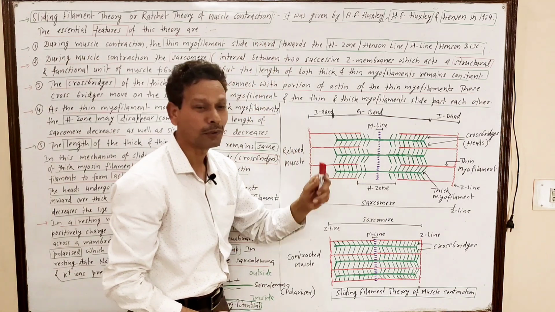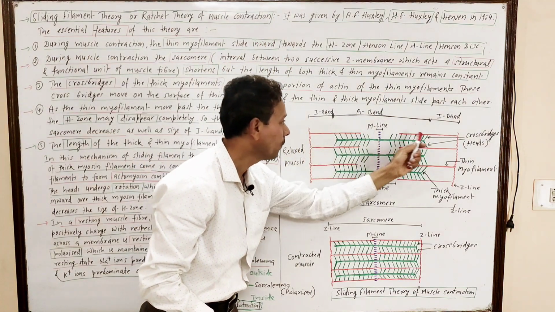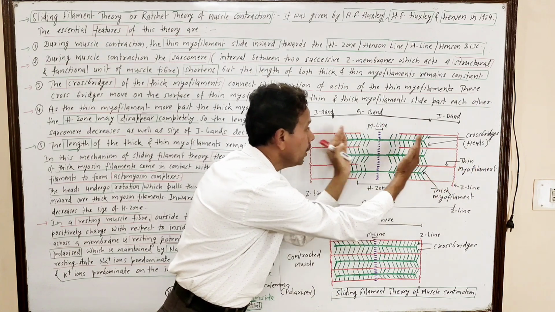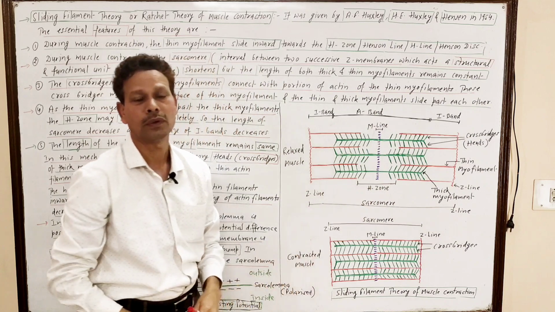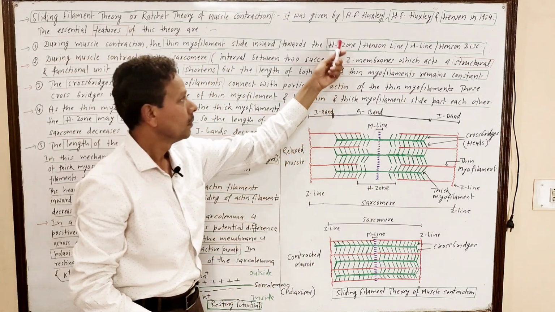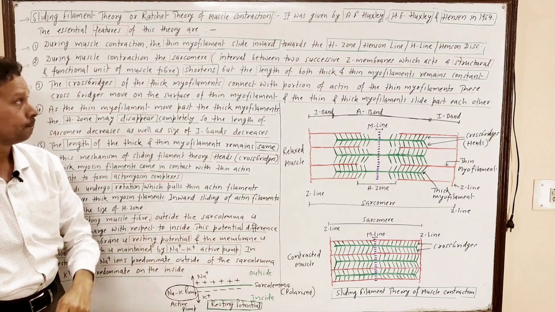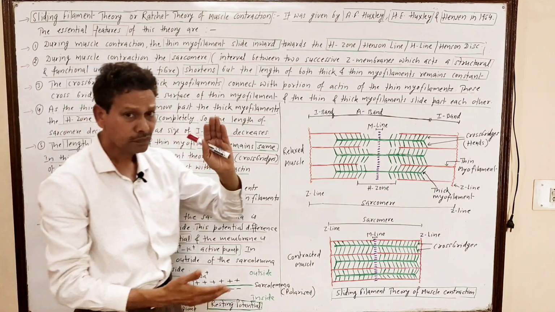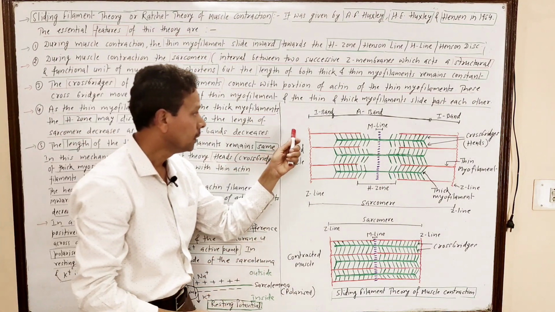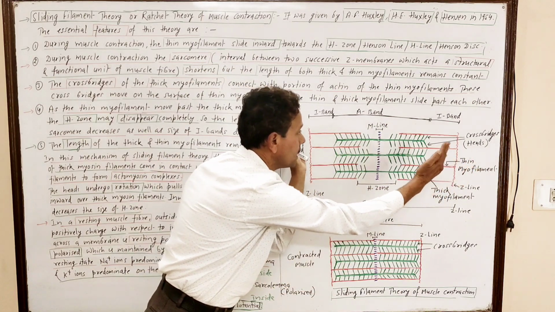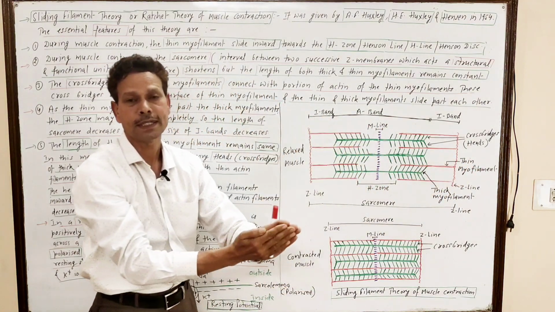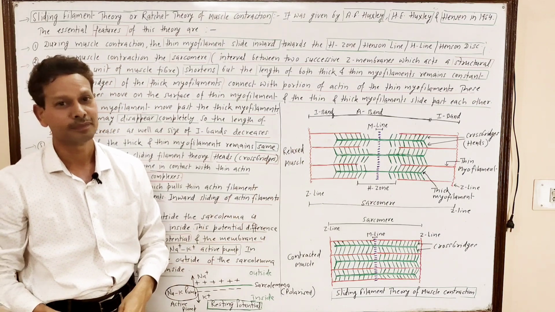Note down, these thin myofilaments slide inwards towards the M line and H zone. During muscle contraction, these thin myofilaments slide inward towards the H line.